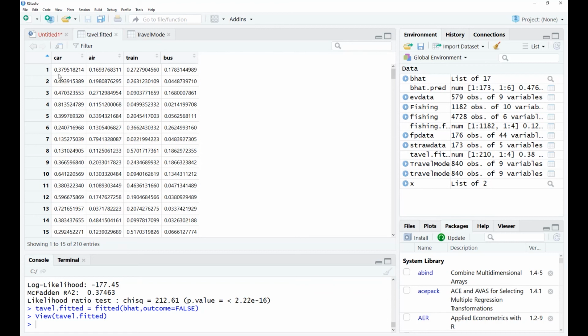So in this case, the model associates a higher probability for the individual, based on the income, party size, and also the alternative specific variables, that the person is actually picking the car.